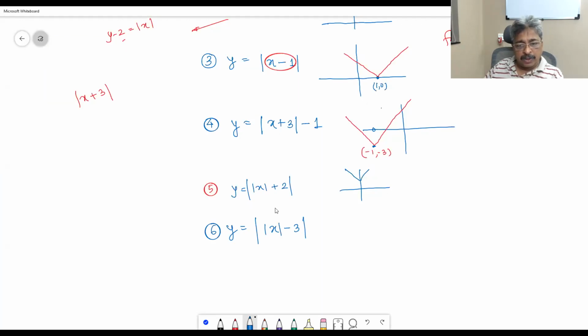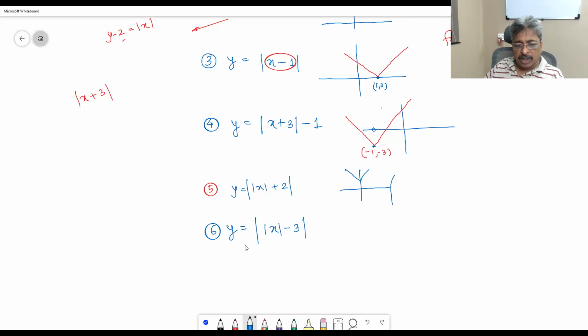Okay, next problem is this problem. Anyway, the function mod x plus 2 was positive, and making it further absolute value, this is guaranteed to be non-negative. Therefore, the graph continues to remain like graph number 2.